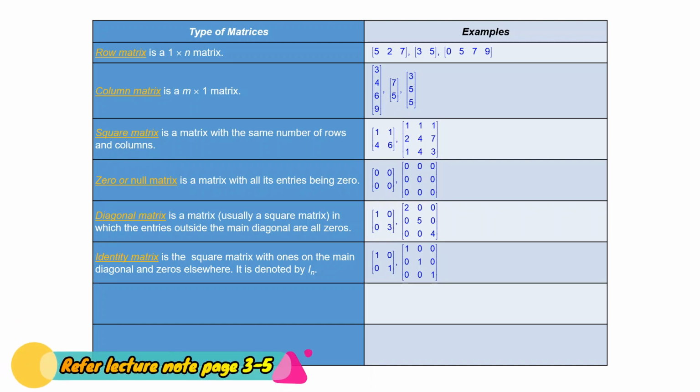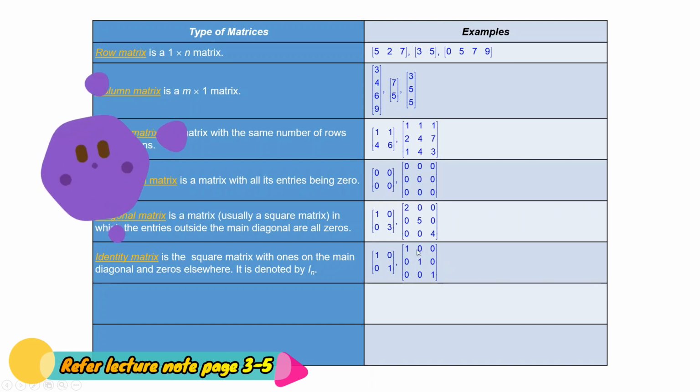Same as a 3 by 3 matrix, the main diagonal is all 1, and the rest will be 0. So this is an identity matrix. For 1, 0, 0, 1, normally we denote it as I2, and this one is I3.